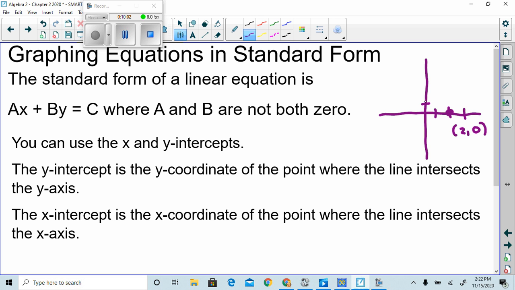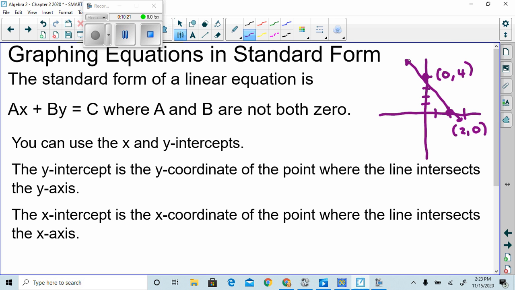If I have a point that falls on the y-axis, this is now 0, and 1, 2, 3, 4. This is my y-intercept. And again, all I need is 2 points to graph a line.